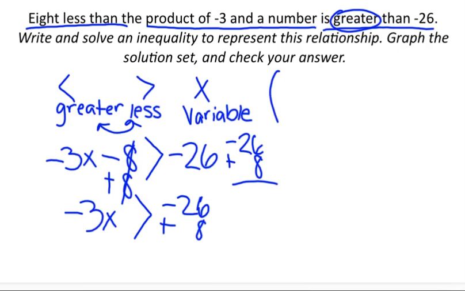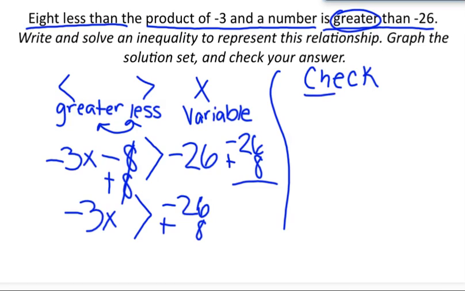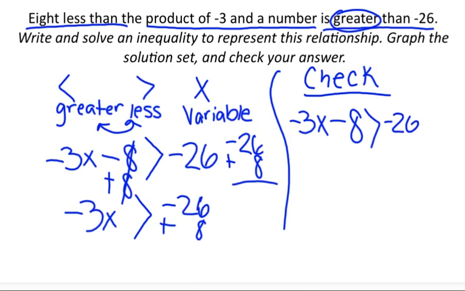To check this, what you would do is plug in a number for x, and it has to be less than 6. So you do negative 3 times 5 minus 8 is greater than negative 26.